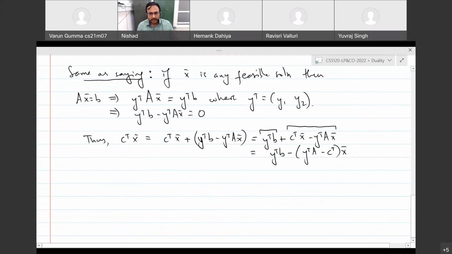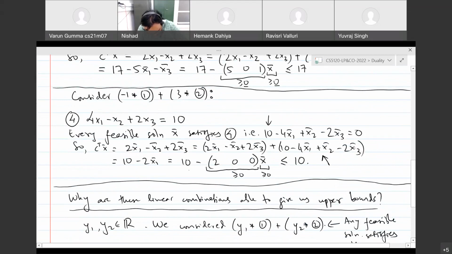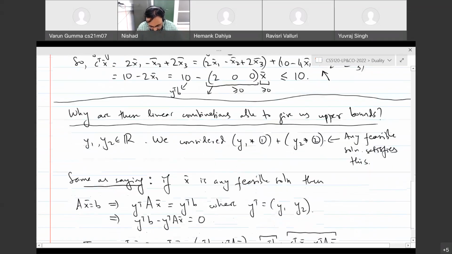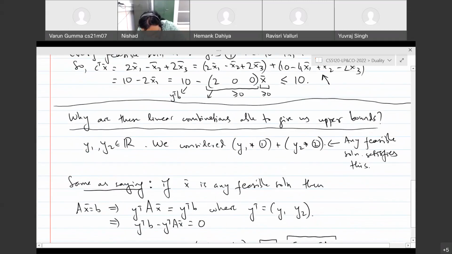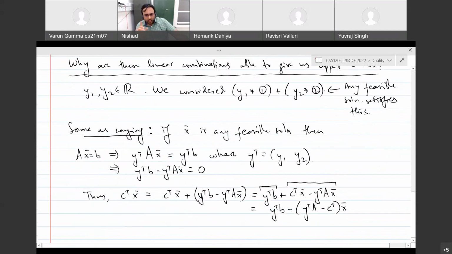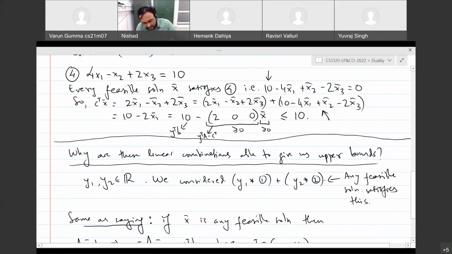Just to go back to our example, y transpose b is this guy 10, y transpose this vector here 2 0 0 is simply y transpose A minus c transpose, and you have an x bar over here. And we concluded in both our previous examples that this was less than or equal to y transpose b.